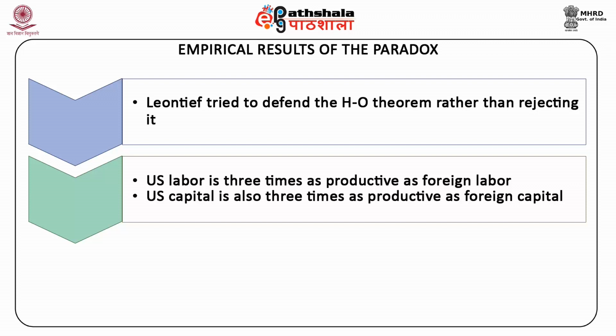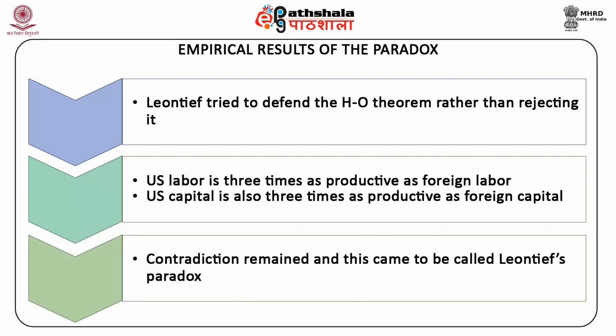However, later he himself withdrew the explanation, citing that US capital is also 3 times as productive as foreign capital, which then multiplied by 3 would result in the same ratio. Hence, the contradiction remained, and this came to be called Leontief's paradox.